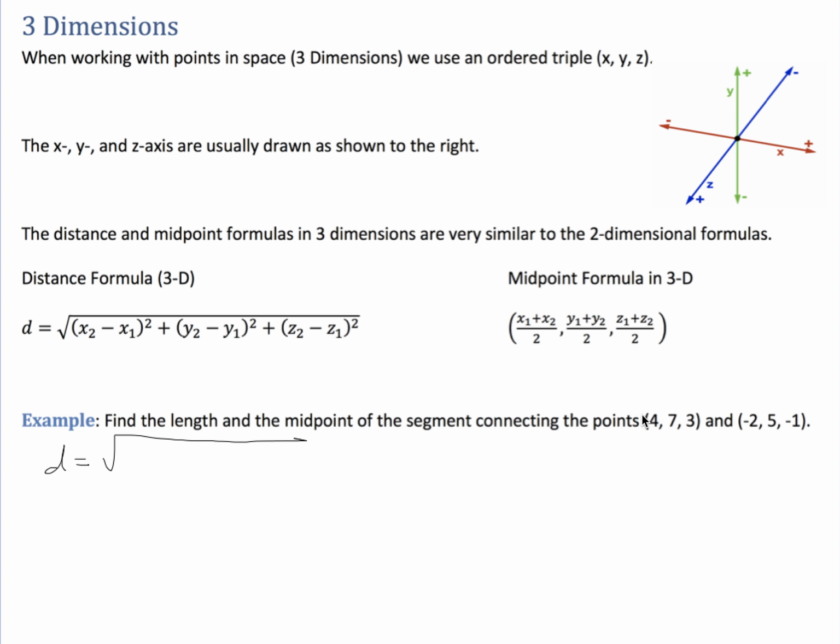So x sub 2 is negative 2 minus x sub 1 is 4. So negative 2 minus 4 squared plus y sub 2, so 5 minus y sub 1 is 7, so 5 minus 7. And then the z values, negative 1 minus 3.